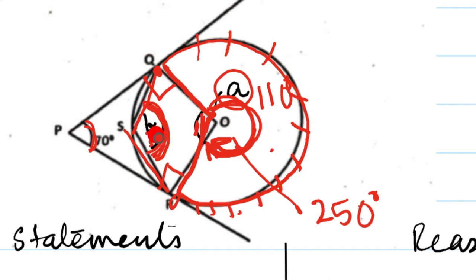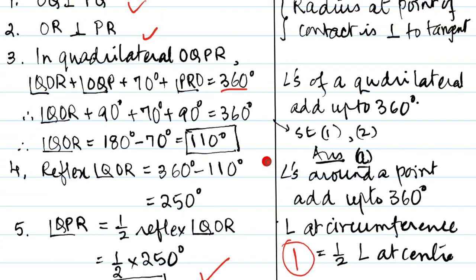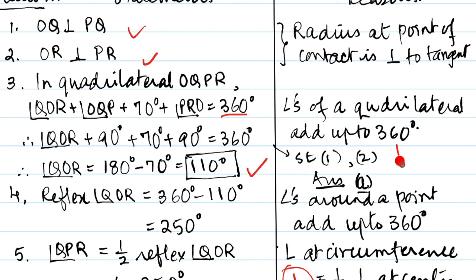This B is going to be half of 250. Angle at the circumference is half angle at the center. So can you see that angle at the circumference is half of reflex angle QOR, since angle at circumference is half angle at the center, so that is half of 250, which is 125. Okay, so this is going to be 1 mark. To get this is going to be 1 mark, and to write this is going to be 1 mark. Okay, so that is how it is a 3-mark question.